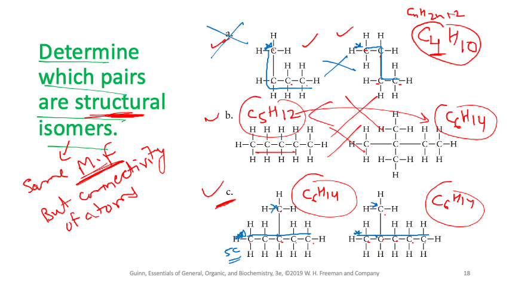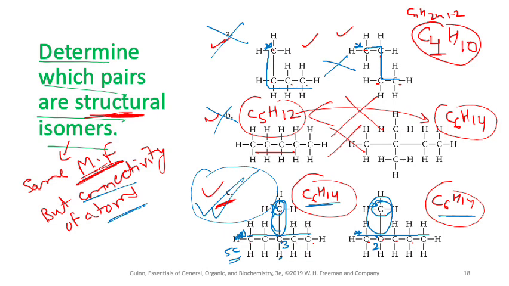So this means the sixth carbon that we have is connected on the third carbon in the first structure and on the second carbon in the second structure. That means the connectivity of this carbon is different in both the structures, right? So the bond connectivity are different, but they have the same molecular formula. They are structural isomers. So this is the right one. C is your correct answer.